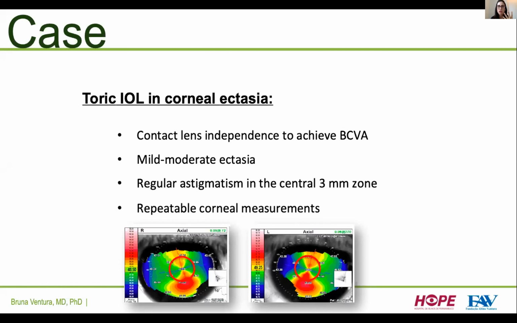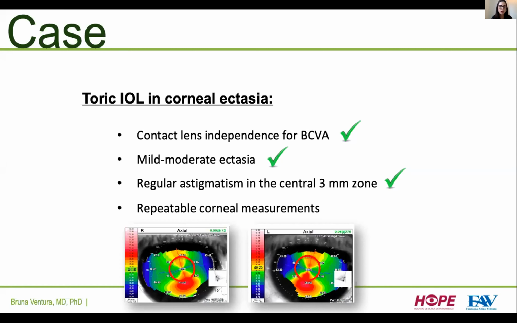So four criteria would be contact lens independence to achieve best corrected visual acuity, mild to moderate ectasia, regular astigmatism in the central 3 mm zone, and repeatable corneal measurements. So we already saw from the previous slides that the patient achieved her best corrected visual acuity in the very near past, like a year before she was with me, without depending on contact lenses.